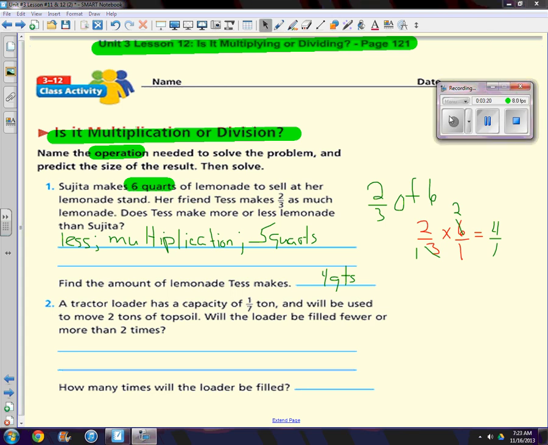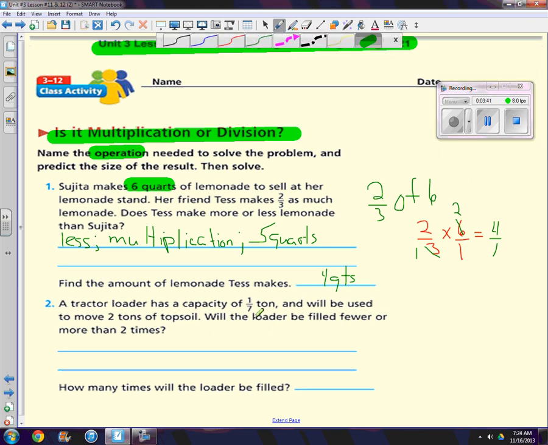All right, let's take a look at number 2. A tractor loader has a capacity of 1/7 ton and will be used to move 2 tons of topsoil. Will the loader be filled fewer or more than 2 times? And then how many times will the loader be filled? So the capacity of your tractor is 1/7 of a ton, but you have 2 tons of topsoil to move.